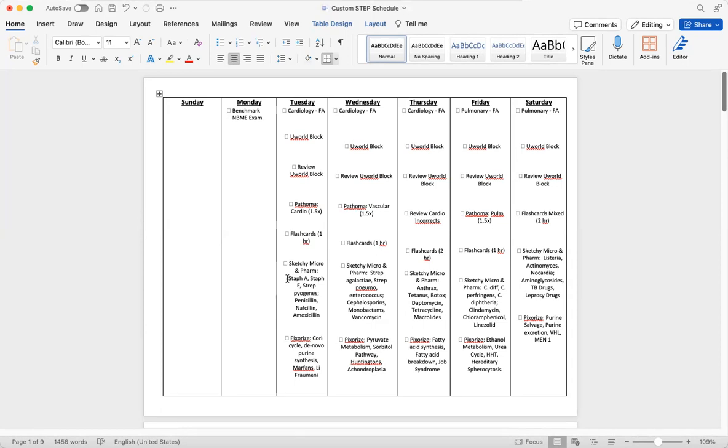For example, if an organism is treated by penicillin, you're always going to see a purple pencil in the animation. I would then follow it up for my biochemistry, in terms of the pathways and diseases, with the Pixorize videos, and I would do the same thing as I would for the Sketchy videos.